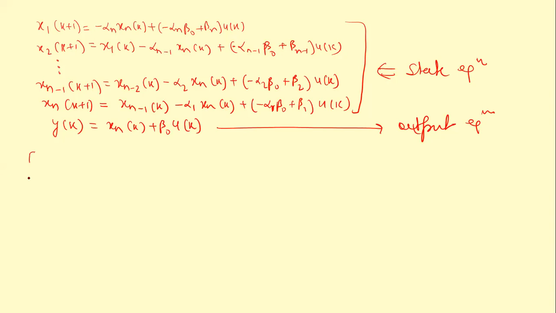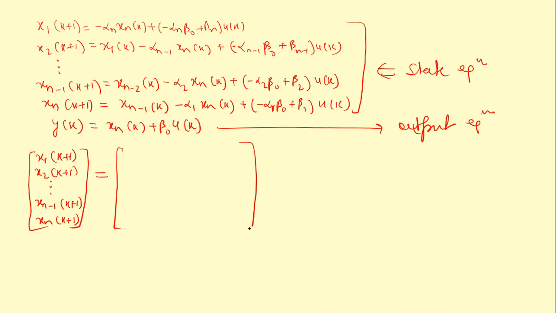So now let us write x1k plus 1 and x2k plus 1 up till xn minus 1 k plus 1 and xnk plus 1, right, is equal to, let us take a matrix here.